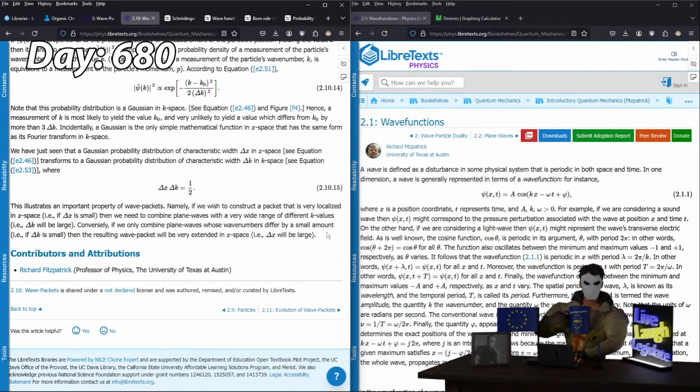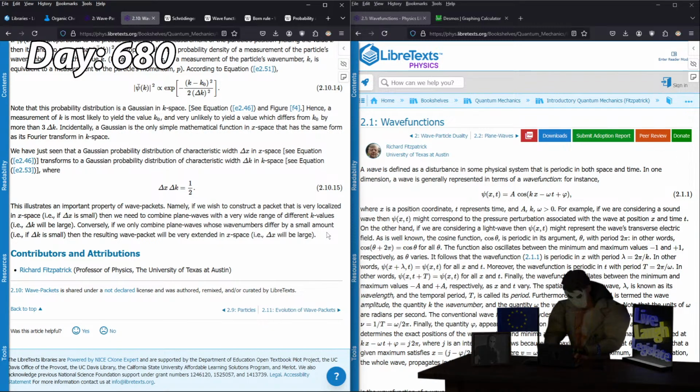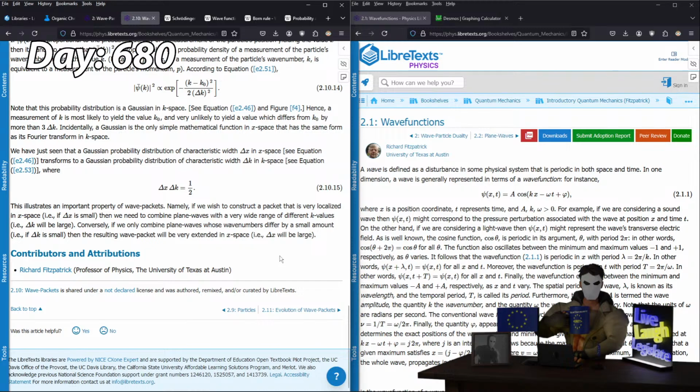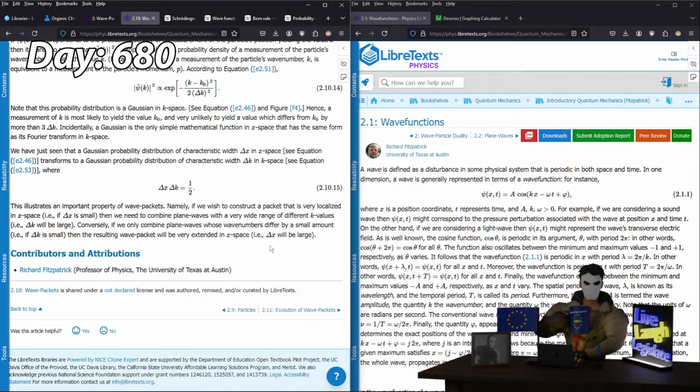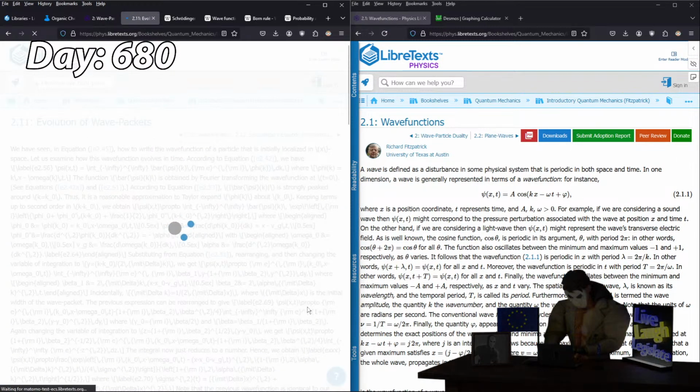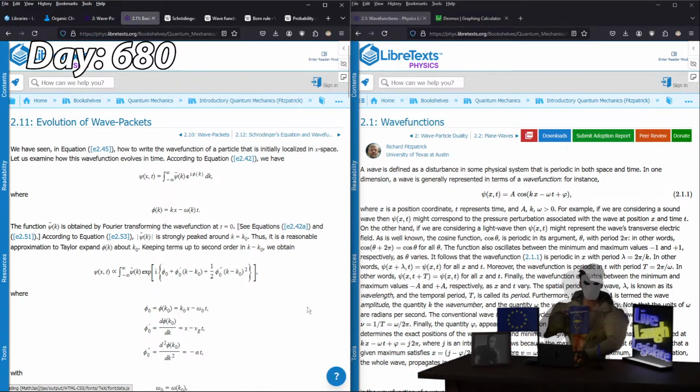If we combine only a small range, the resulting wave packet will extend in X space. That's the uncertainty principle, isn't it? There's a limit on the position and the momentum. Actually, anything dependent on position and anything dependent on the wave number, I suppose, rather than position and momentum. Okay. Oh, I feel powerful.